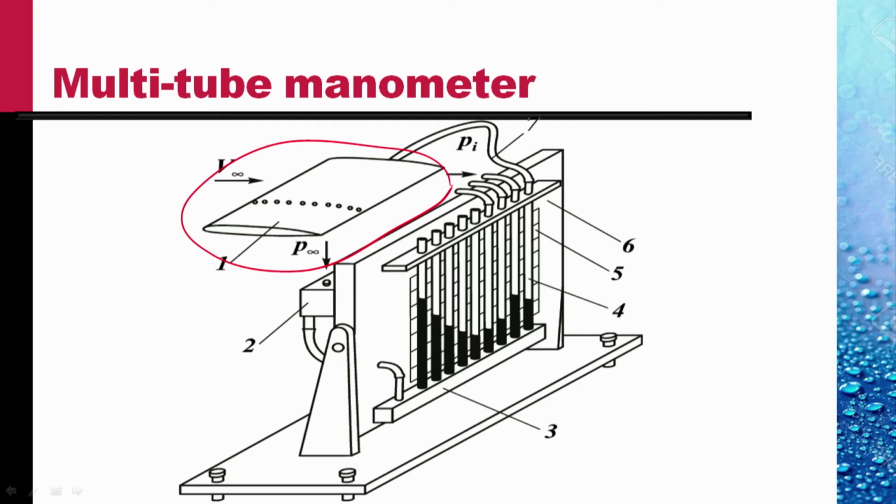From each hole, a tube runs to one of these many tubes. There is a reservoir too, which contains the fluid, and so the height of these columns give an indication of the relative levels of pressure at the different holes in the aerofoil.